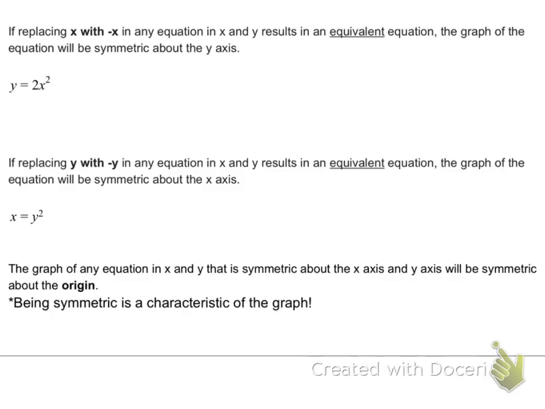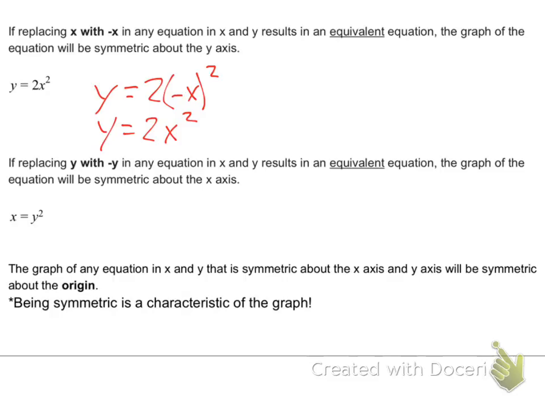So, what does that mean? Let's try that. That means I can take out the x, and I'm going to replace it with negative x. What happens when I square a negative? Makes it positive. So I end up with y equals 2 times x squared. Those two equations, here and here, are the exact same.